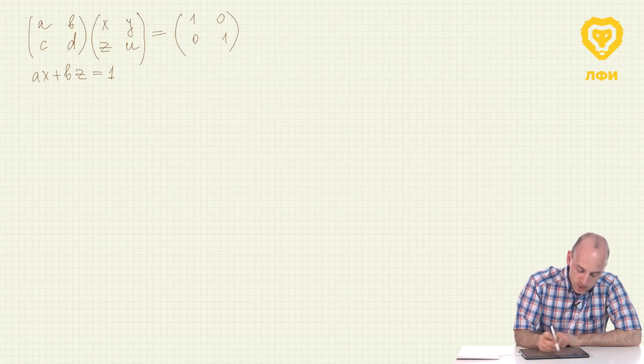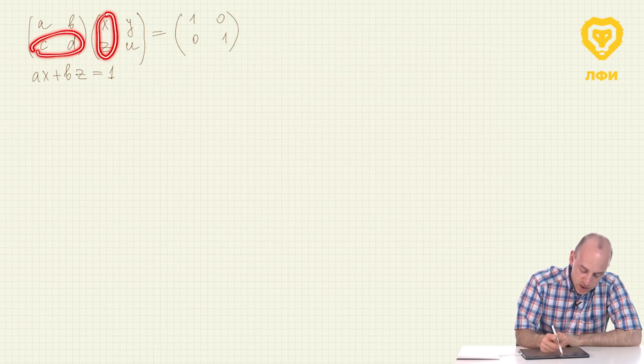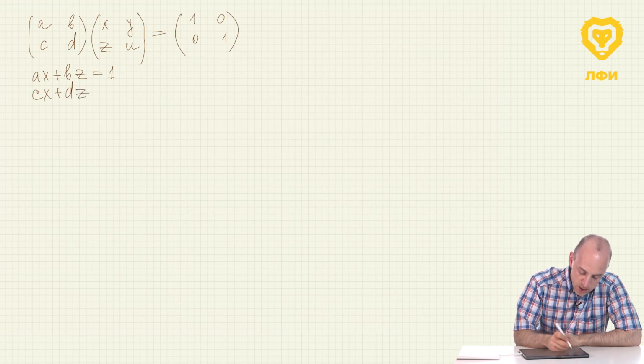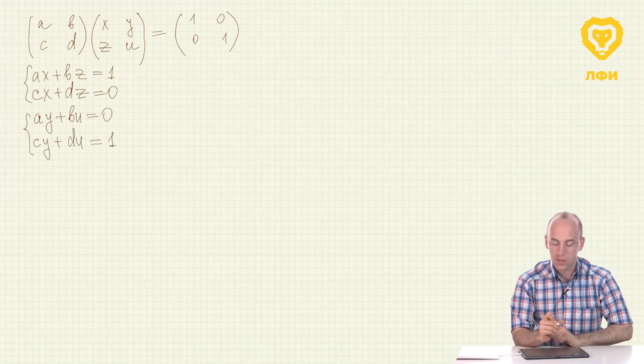Let me write it in a different order. Let me take this product, and it's going to be equal to this 0. So cx plus dz is equal to 0. And after that, the remaining two elements. So ay plus bu is equal to 0. And finally, cy plus du is equal to 1.